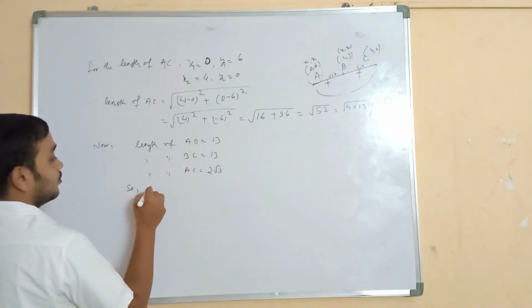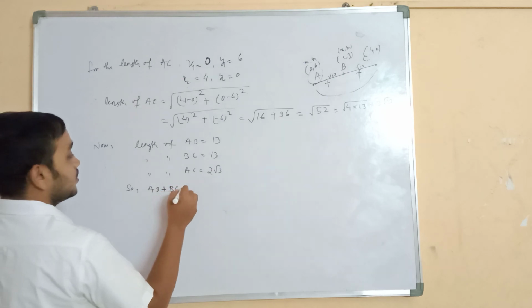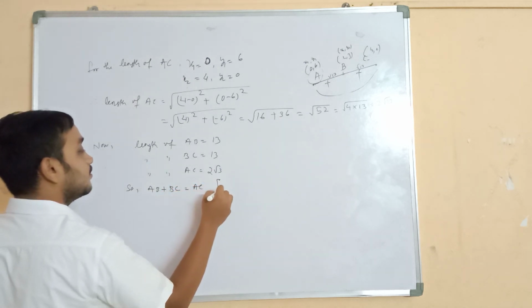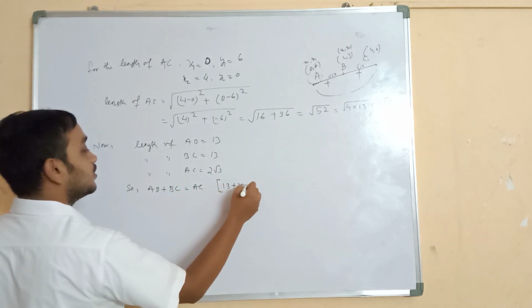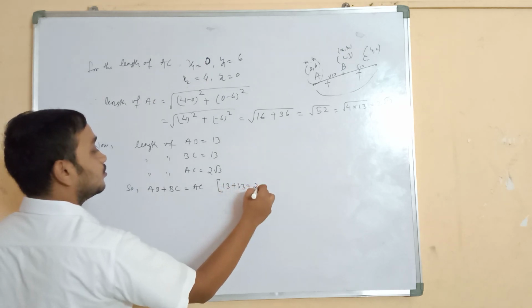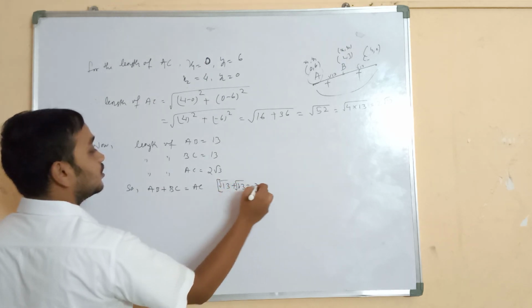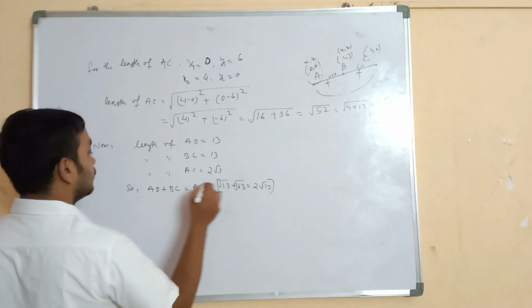So AB plus BC is equal to AC, or root 13 plus root 13 is equal to 2 root 13.